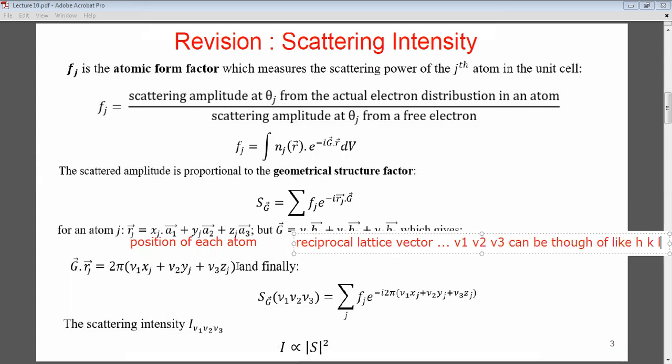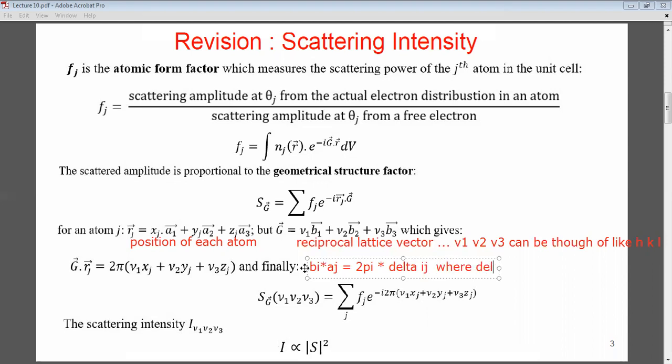Now we did the calculation last time, where G dot rj is nothing but 2 pi times v1 xj plus v2 yj plus v3 zj. Why? Because here we use the fact that bi times aj is equal to 2 pi times delta ij, where delta ij equals 1 if i equals j and equals 0 if i is different than j.